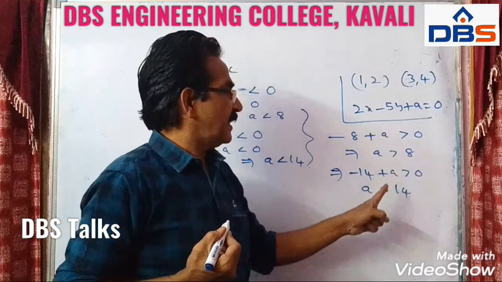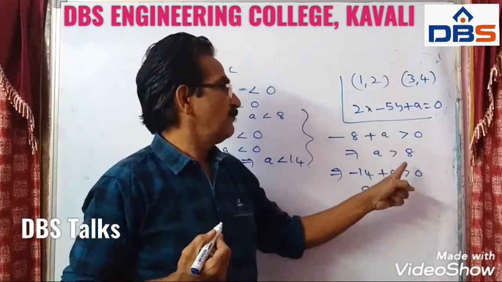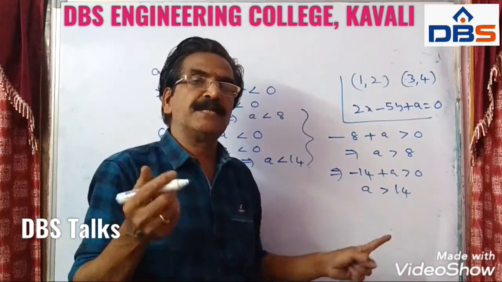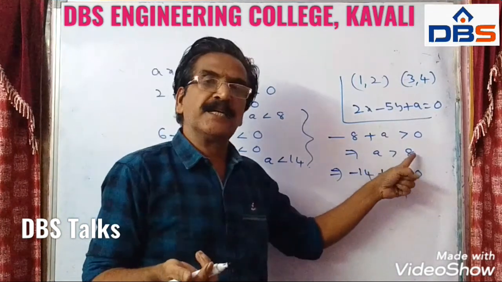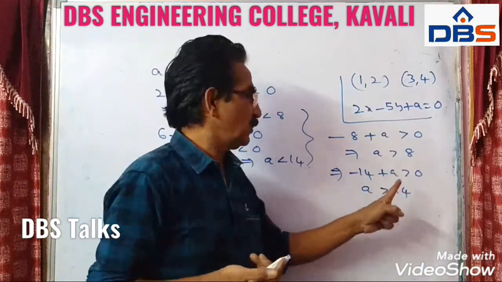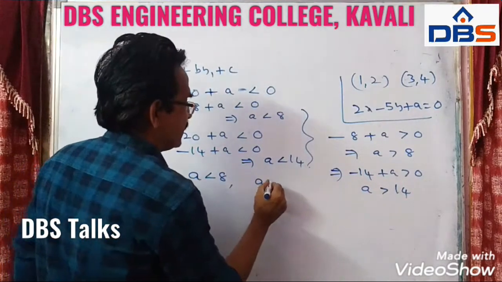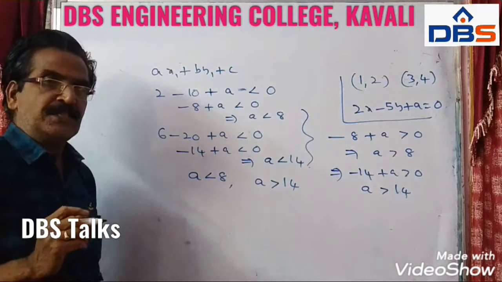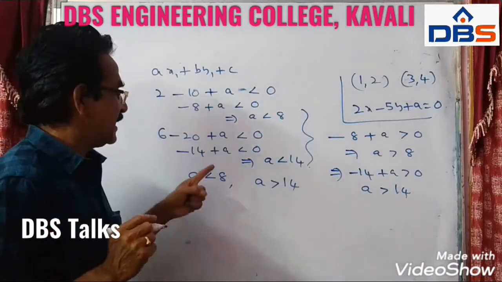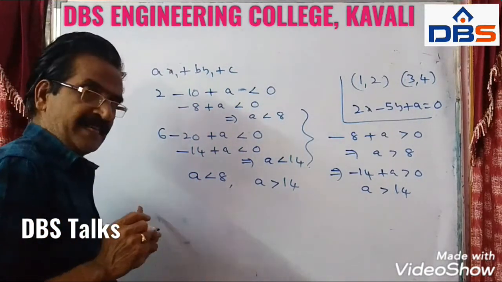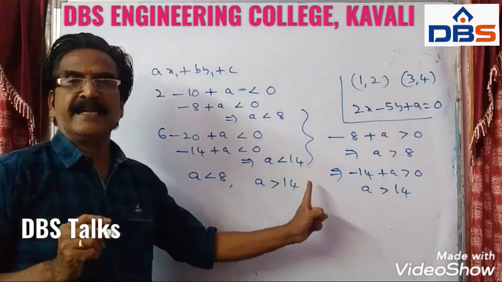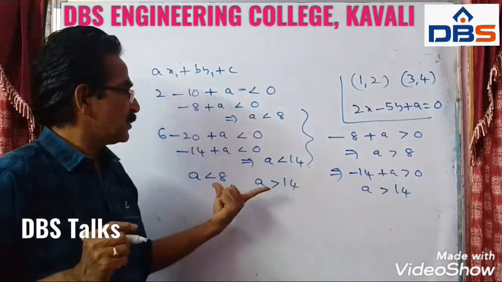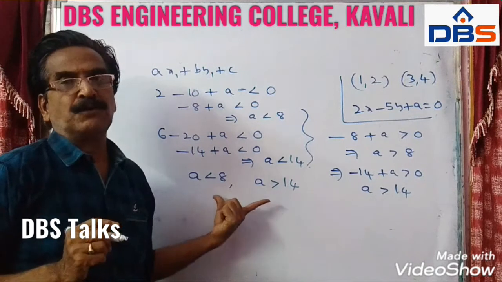A greater than 8 and a greater than 14: if a number is greater than 14, it is automatically greater than 8, so we consider a greater than 14. So now our solution is a less than 8 and a greater than 14. This solution you have to take.